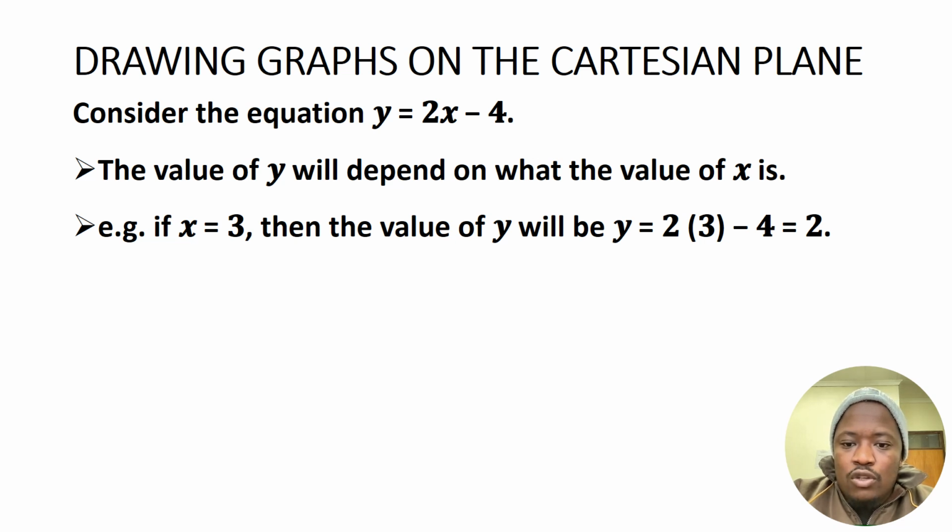Therefore, y is equal to 2 multiplied by (3), showing with brackets that we have substituted the value of x. Remember, we should always follow the BODMAS rule. 2 multiplied by 3 gives us 6, and 6 subtract 4 gives us 2. So if x is equal to 3, then the value of y will be equal to 2.